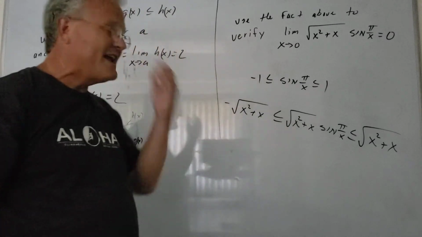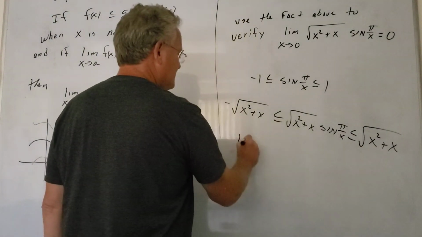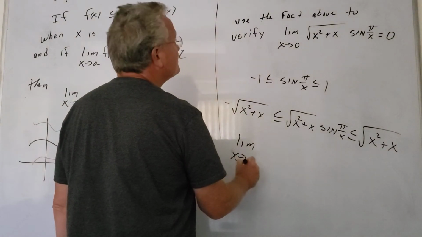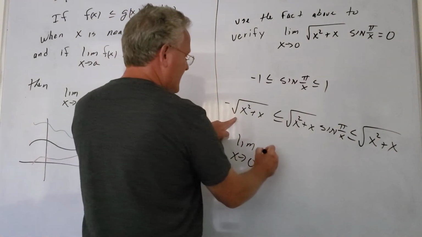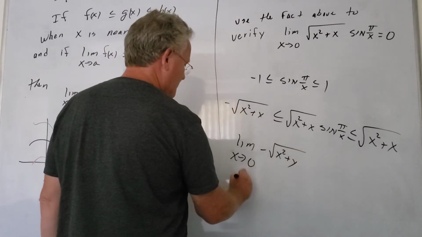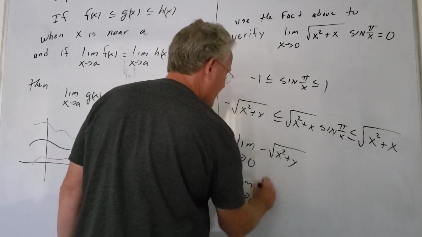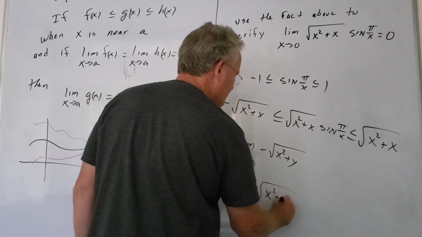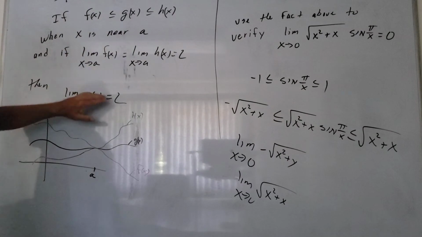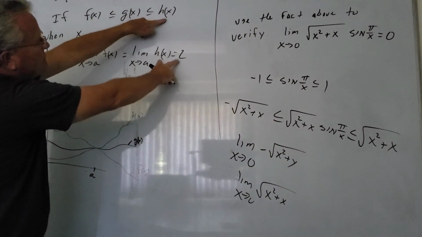Well, now if we take the limit of the two ends, so the limit as x approaches 0 of the left side, and the limit as x approaches 0 of the right side, I'm just using this theorem now, the limit of the left side equals the limit of the right side.